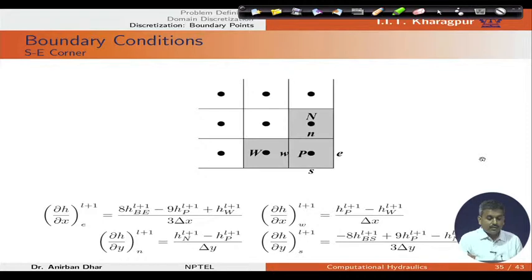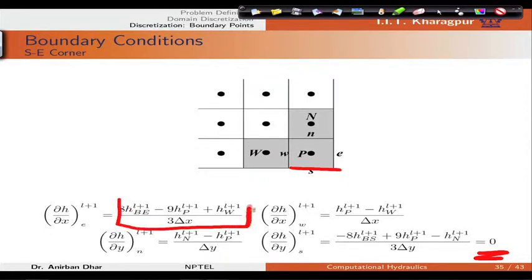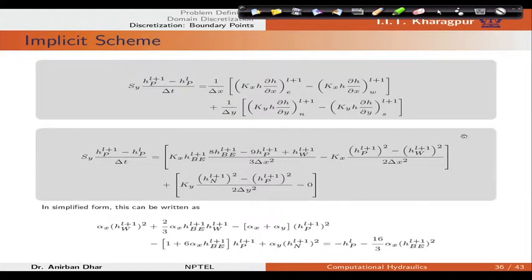Now, the southeast corner, on the southern side this will be impermeable. So, obviously, this will be 0. On the eastern side we have specified boundary condition. So, for specified boundary condition this is 0 on the southern side.